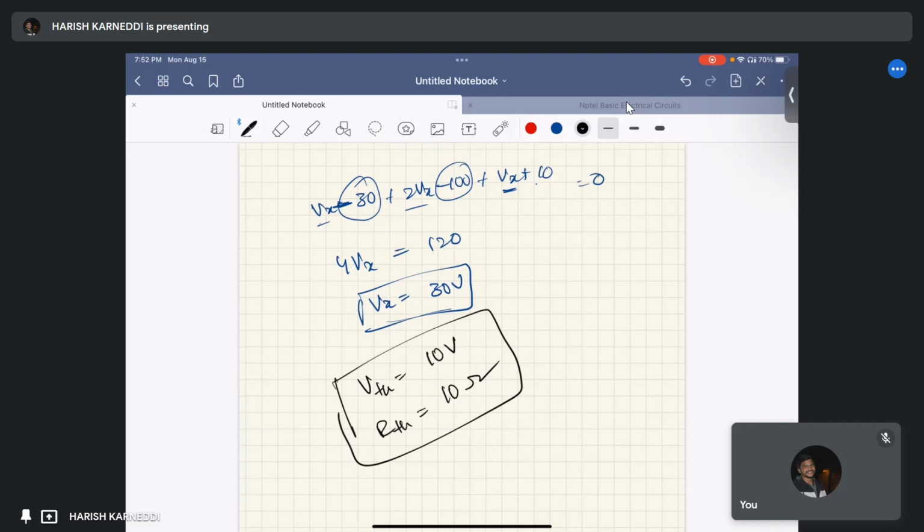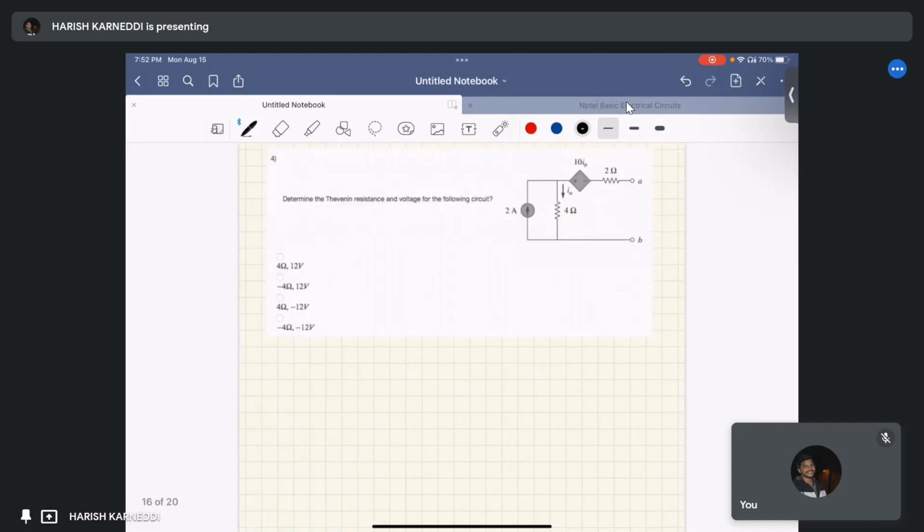Okay, I'm moving to the next question. Determine the Thevenin's resistance and voltage for the following circuit. First we will do the case when the circuit consists of dependent sources, like a dependent current source or dependent voltage source.